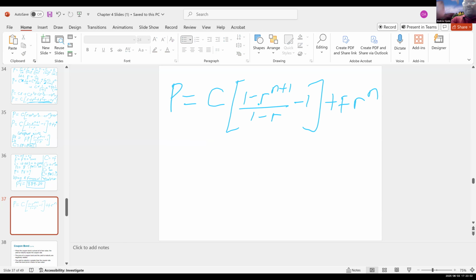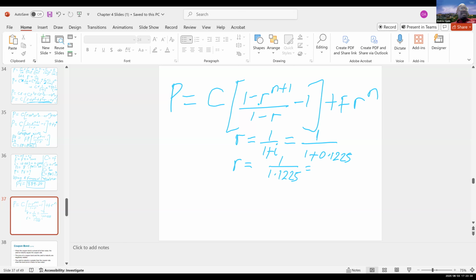The first thing we want to do is find out what R is. Remember, R is given as 1 over 1 plus I. And please don't round, because if you round, you're not going to get the same answer the finance people are getting with a financial calculator. So R is 1 over 1 plus 0.1225. 12.25 in decimal is 0.1225. So R equals 1 over 1.1225.